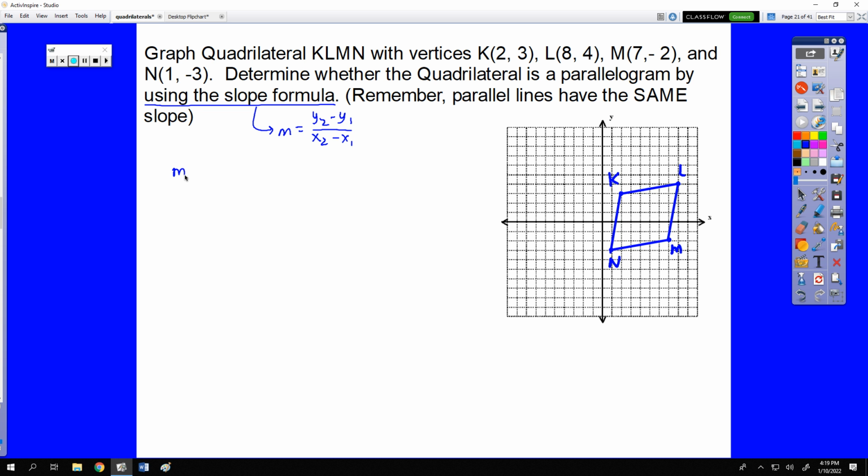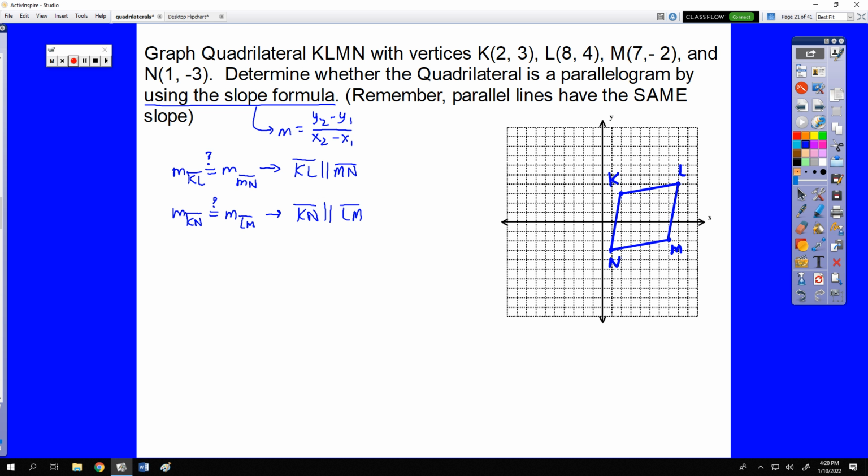So if we can show that the slope of KL is equal to the slope of MN, that would be enough for us to guarantee that KL is parallel to MN. We have to check that, because if that's true, then these are parallel line segments. The same thing can be said of the slope of KN and the slope of LM. If they are equal, that would guarantee that KN is parallel to LM.